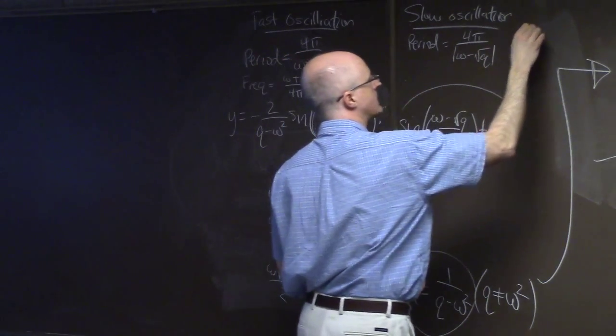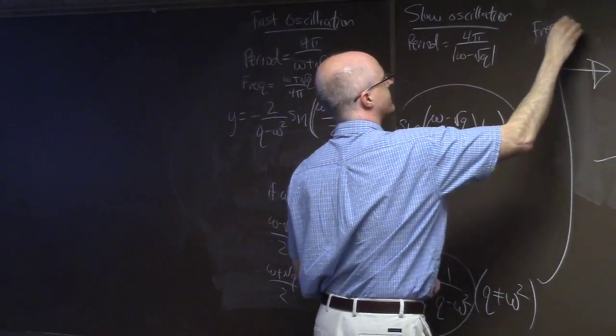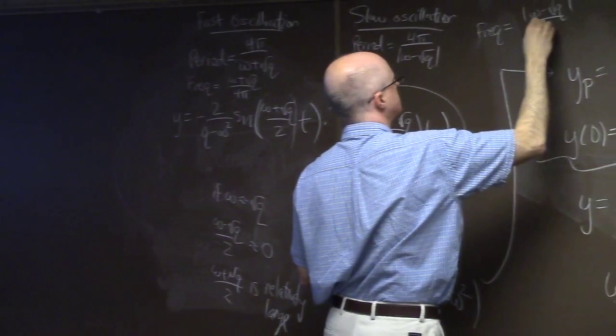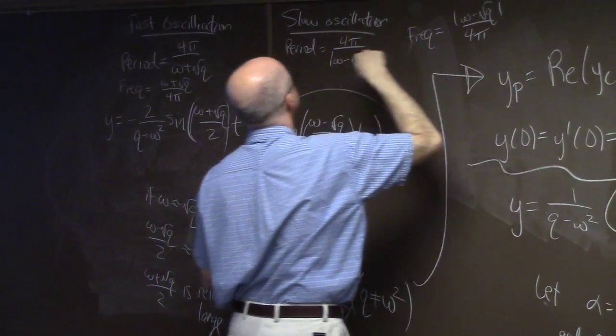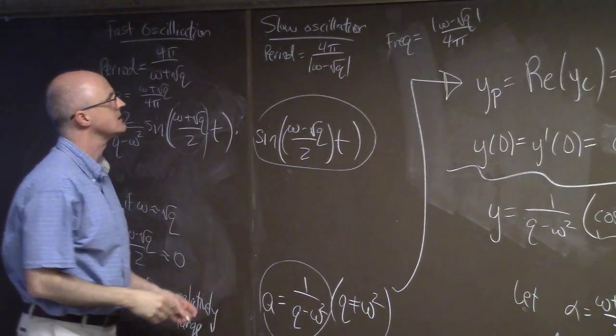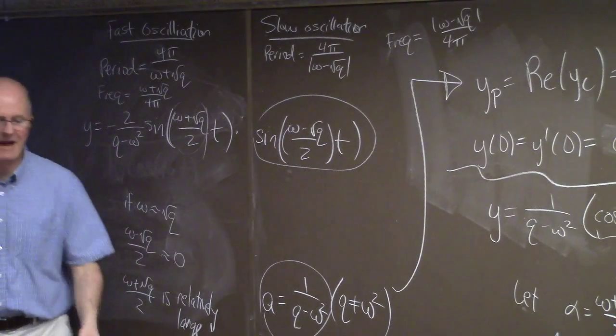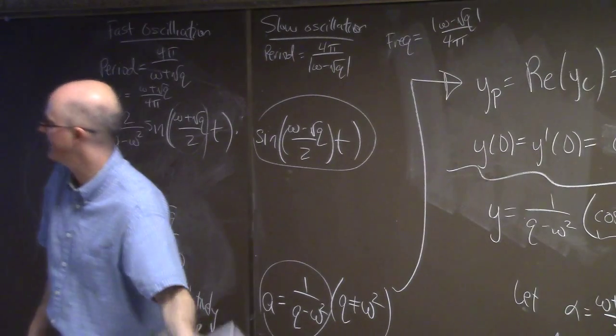And the frequency is going to be the reciprocal of that. Frequency is small here in this case. The period is large for the slow oscillation. Let's see if these formulas match the graph that we see. You might want to get your calculator out.